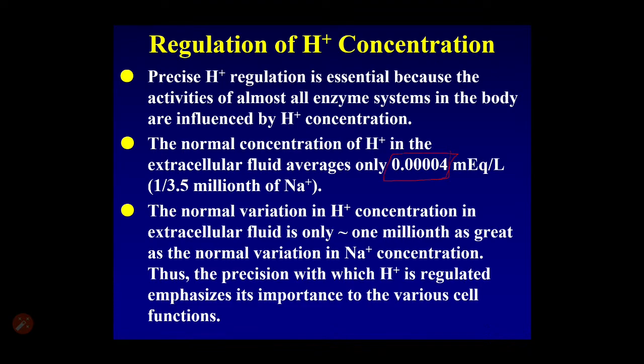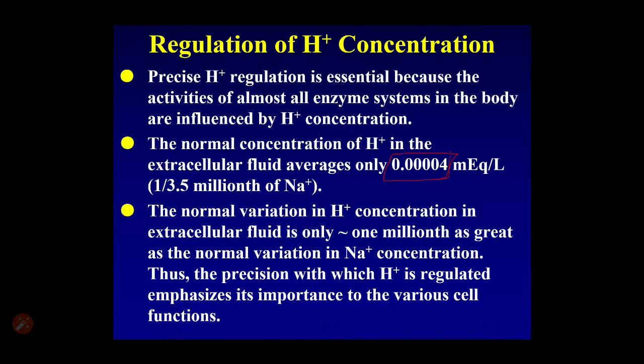The normal variation in H plus, remember, now sodium is really nicely regulated. It's 142 or 140 milliequivalents per liter, and it goes up probably to 145, 138, and we said that's fantastic, it's regulated so nicely. Well, look at hydrogen ion.